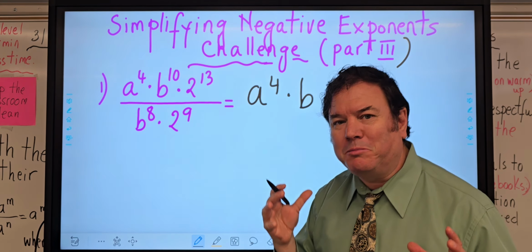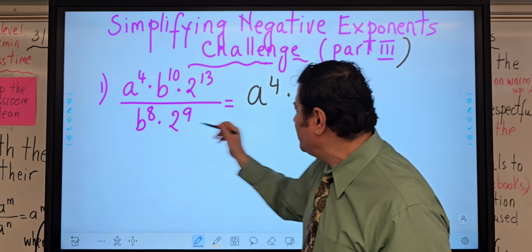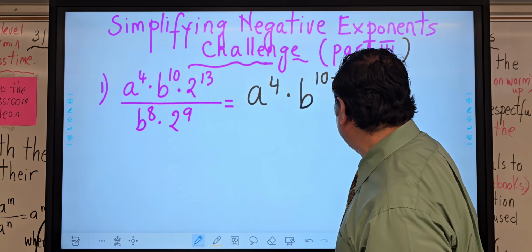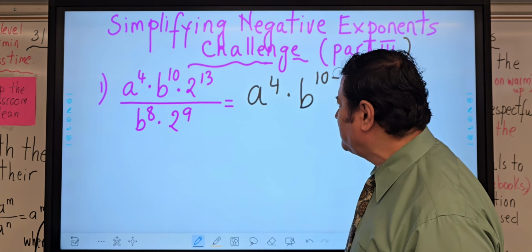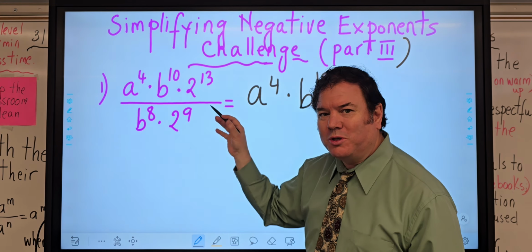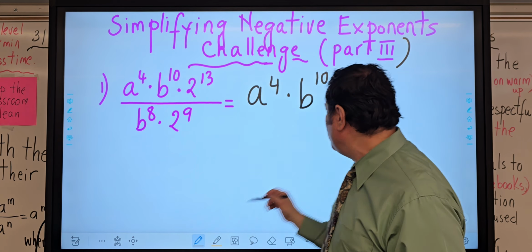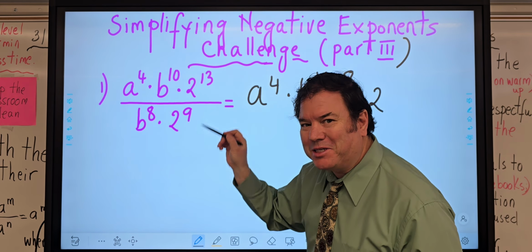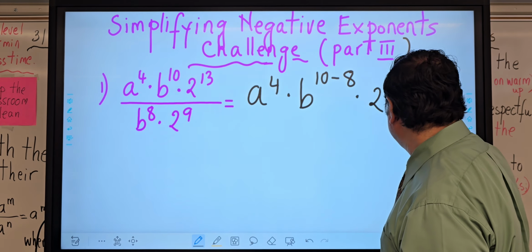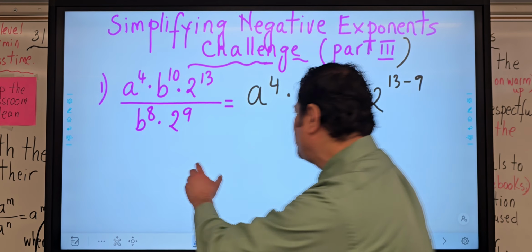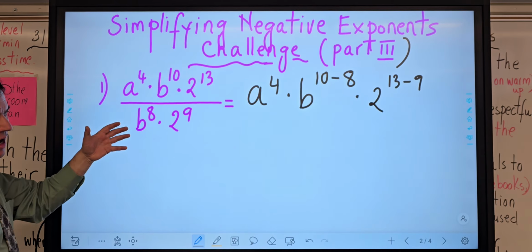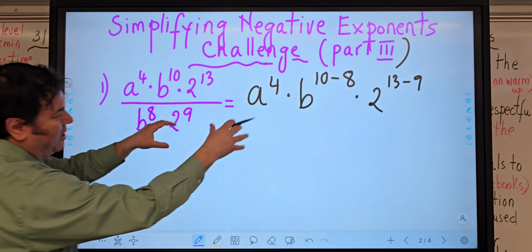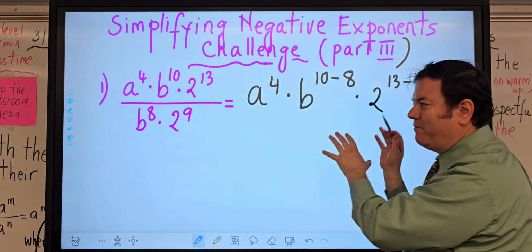and here we are going to subtract the exponents, 10 minus 8, and then times, again, we have more 2's on the top, so keep the base, which is 2, and 13 minus 9 at the top. And of course, we don't have any more the denominator because the denominator is gone now because we used the laws of exponents.